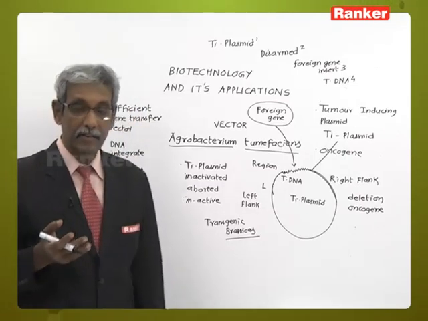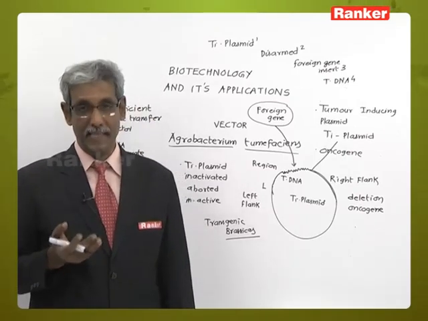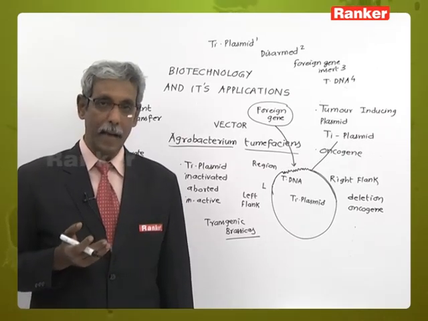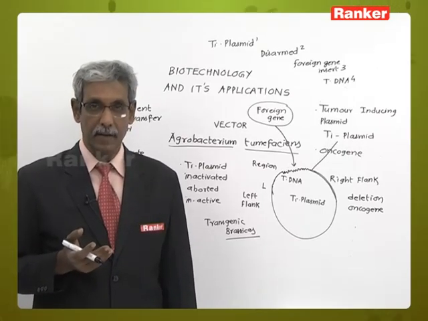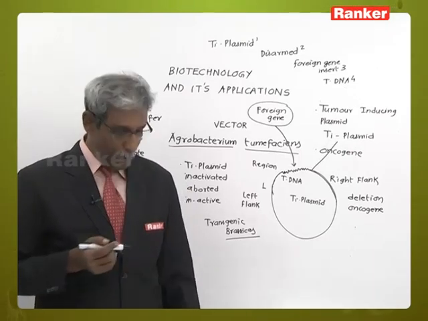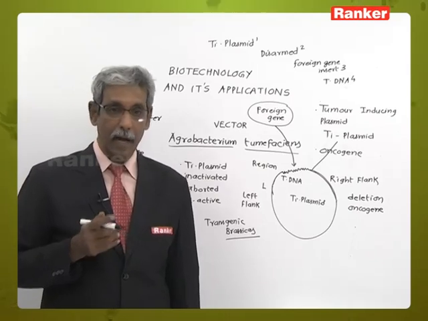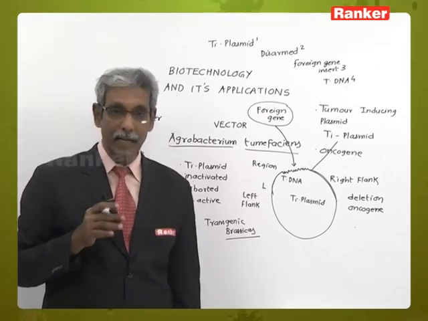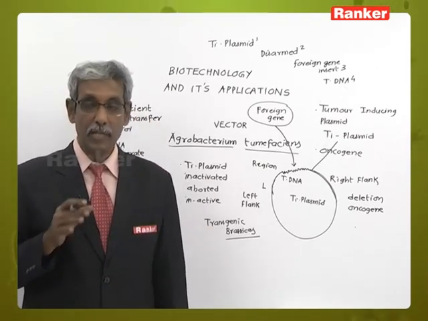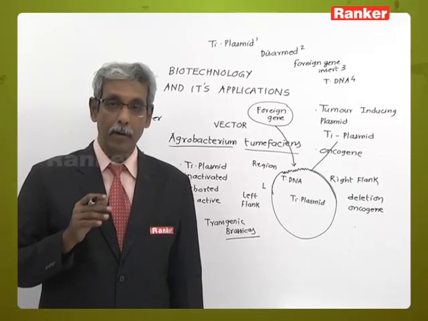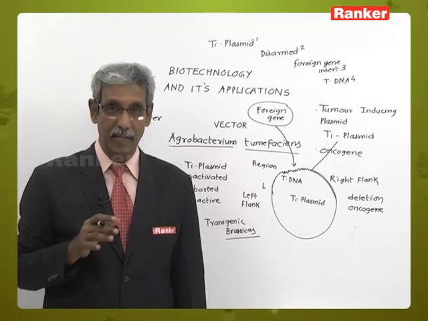So, genetic modification of Brassicaceae or cruciferae, which includes cabbage, cauliflower, carrot, can primarily be done by means of Agrobacterium tumefaciens. Now, the tumor inducing plasmid in Agrobacterium is the most important plasmid which has a very important role with relation to plant genetic engineering.